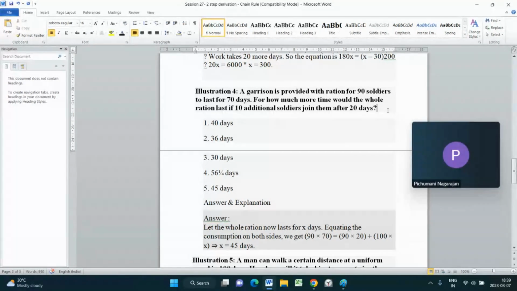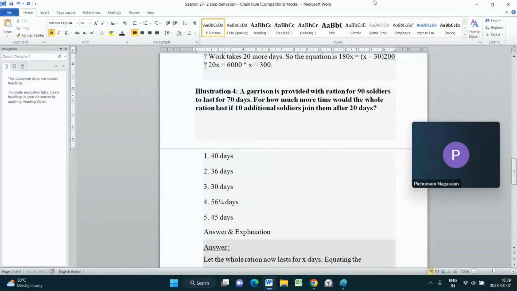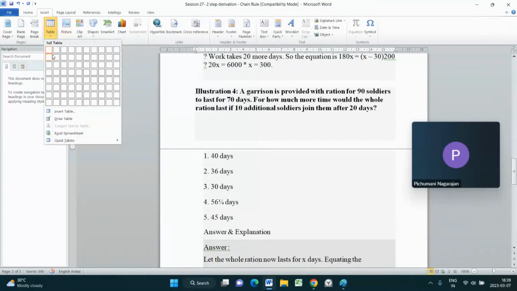Tell me the concept now. From this, you have to bring the concept. Let us have the elements.